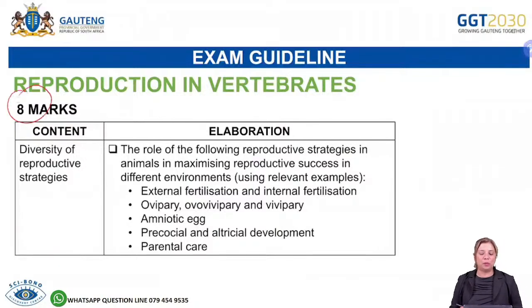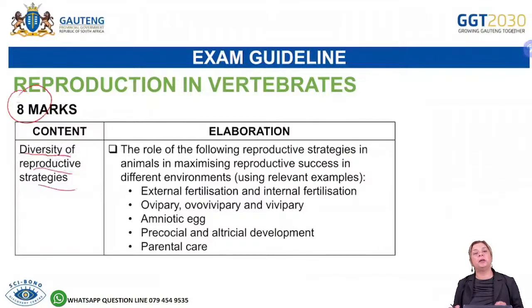Okay, so let's look at it. The diversity means different reproductive strategies. What does this mean? It means the role of the following reproductive strategies in animals in maximizing reproductive success in different environments. So what that basically means is fertilization needs to take place.